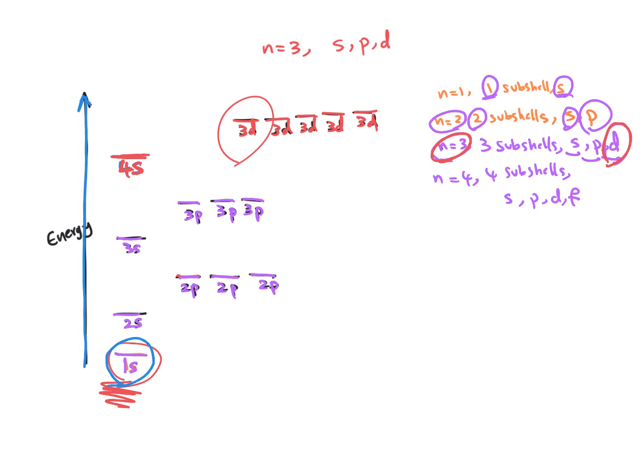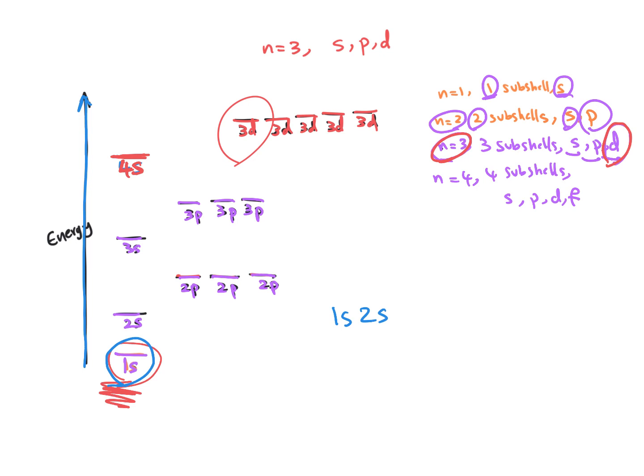Okay, so based on that, if I want you to give me an order of filling orbitals with electrons, what do you think the order would be based on what you have here? We start with the lowest energy possible and increase the energy, right? Would it be 1s, 2s, 3s, 3p?